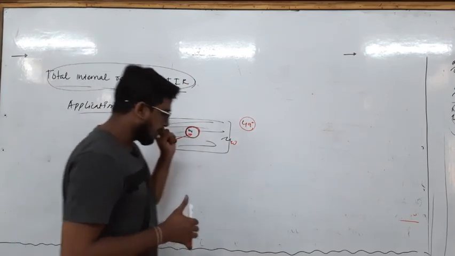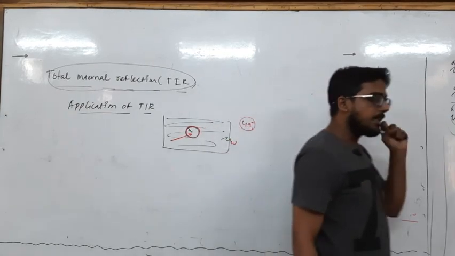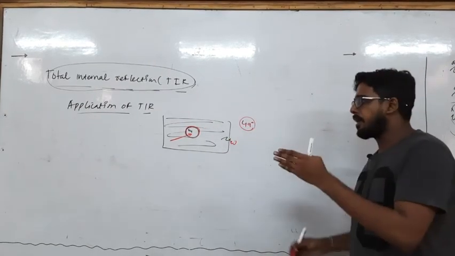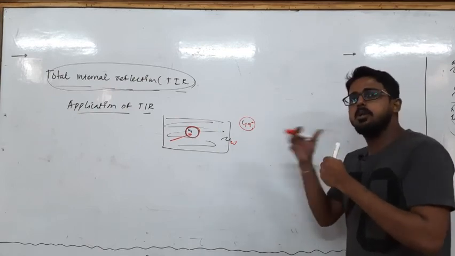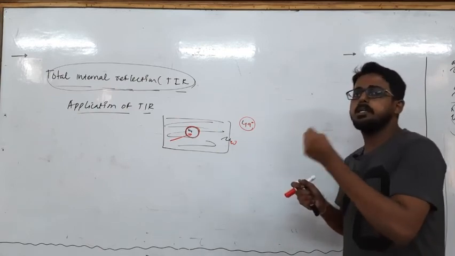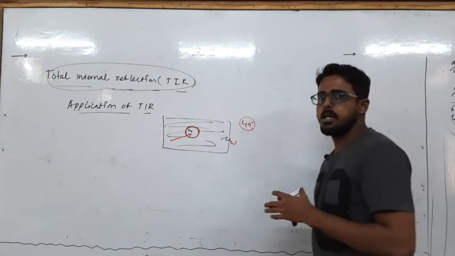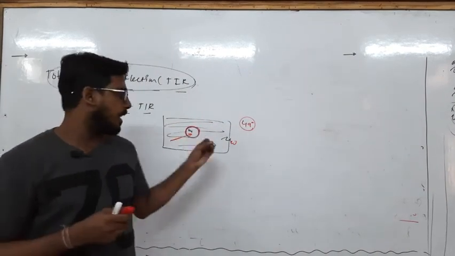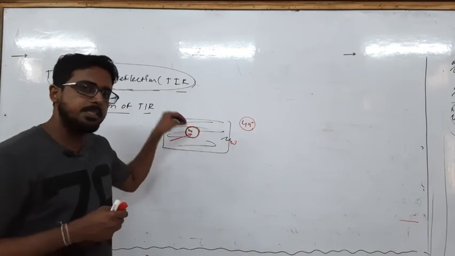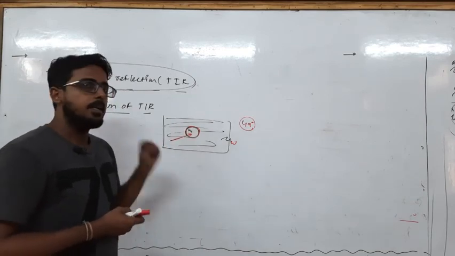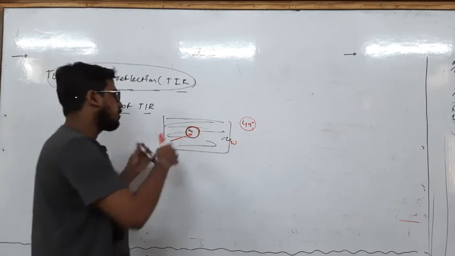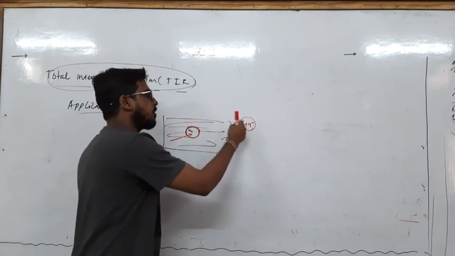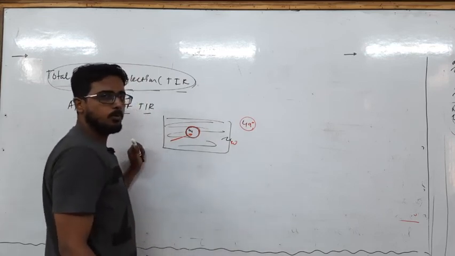So when any incident ray is incident on an interface at more than the critical angle, provided that the light travels from the denser to the rarer medium, the light will be completely trapped due to total internal reflection. That's why when light travels from water to air in an air bubble inside water, it shines if the angle of incidence is more than the critical angle, which is nearly 49 degrees.